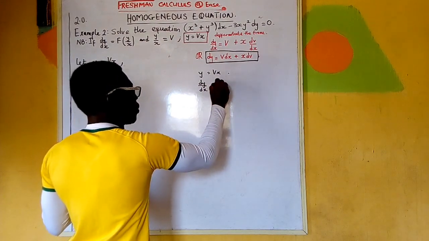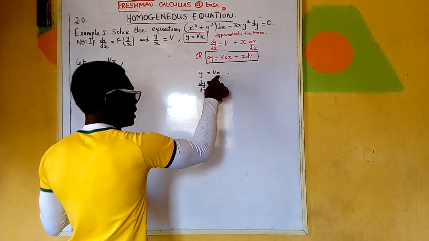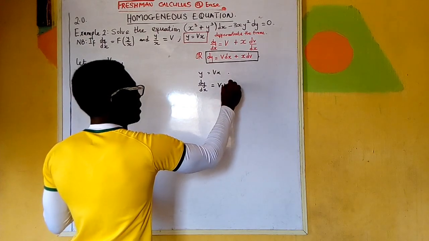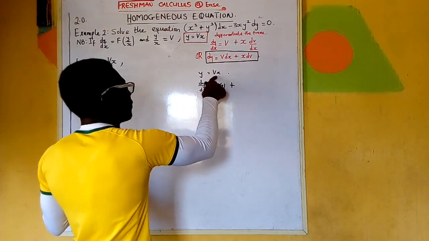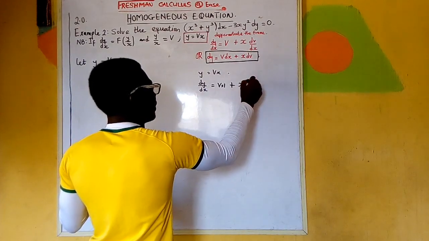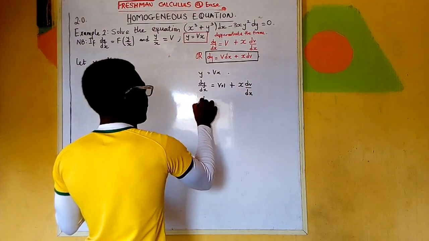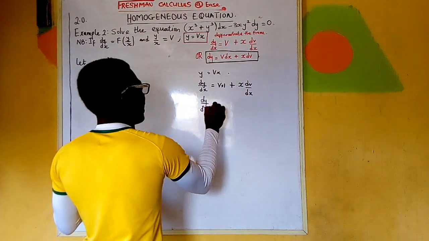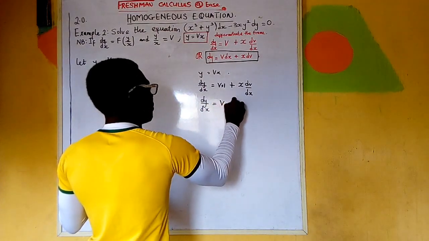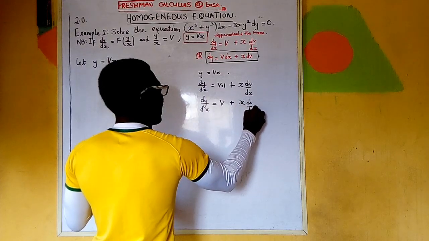Keep this one constant, differentiate this with respect to x, you have 1. That is times 1 plus, keep this one constant, differentiate v with respect to x, you have dv over dx. And this finally gives me dy over dx is equal to v times 1, v, plus x dv over dx.